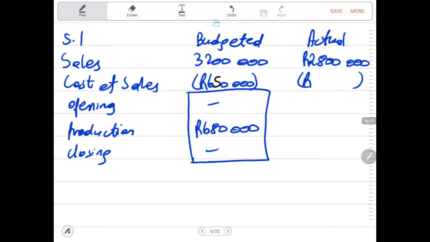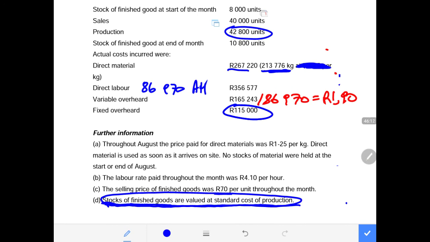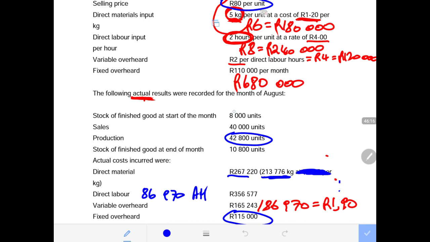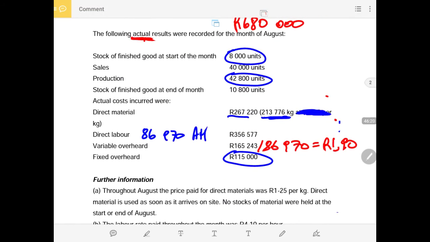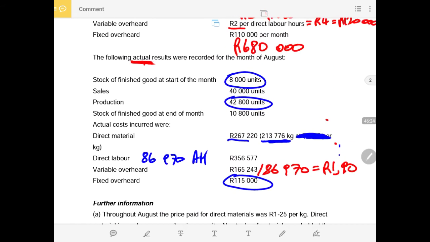Then we come to our opening, which will also be based on the 18 rand. And we look at the opening inventory. We did have opening inventory, and our opening inventory, these are the finished goods, is 8,000. Now the opening inventory must also include the fixed cost.